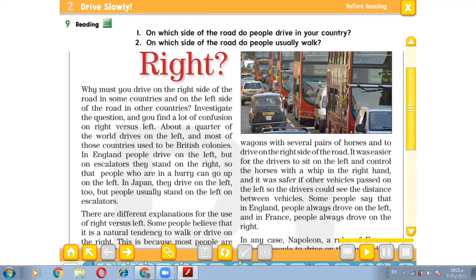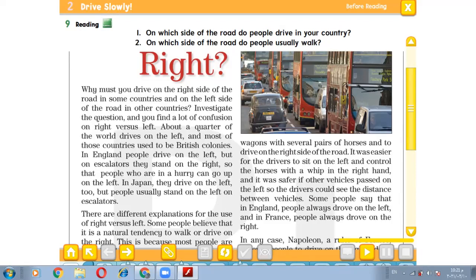Why must you drive on the right side of the road in some countries and on the left side of the road in other countries? Investigate the question, and you find a lot of confusion on right versus left.